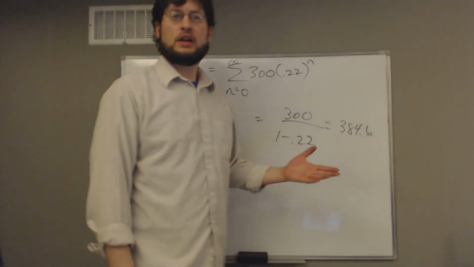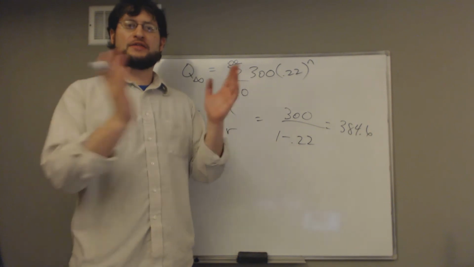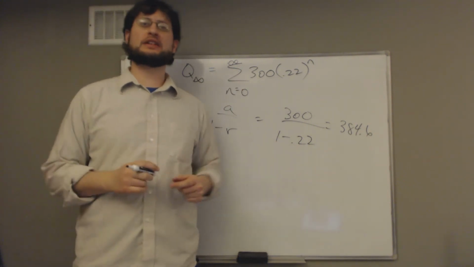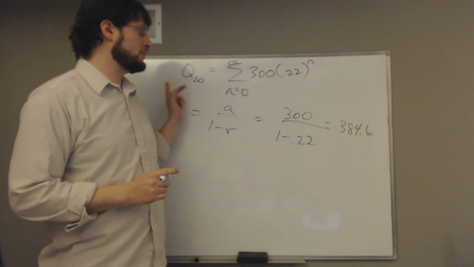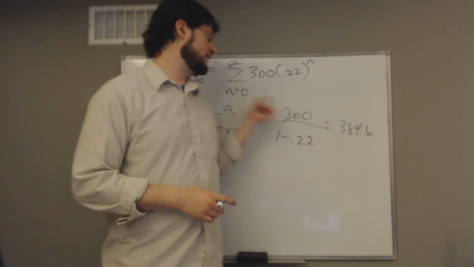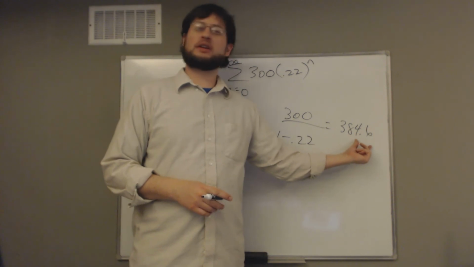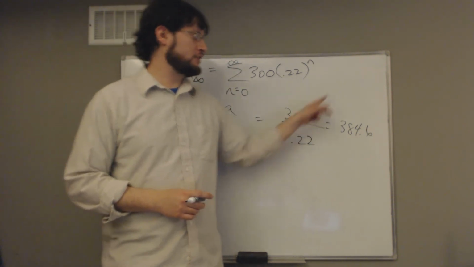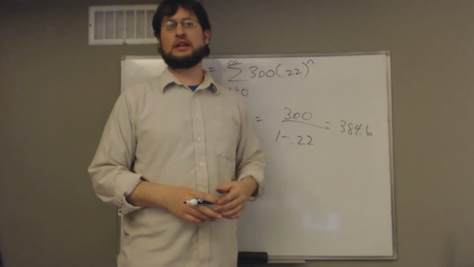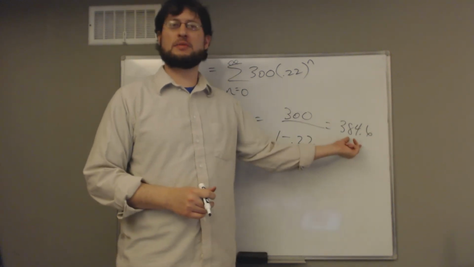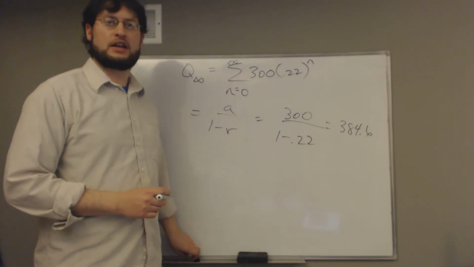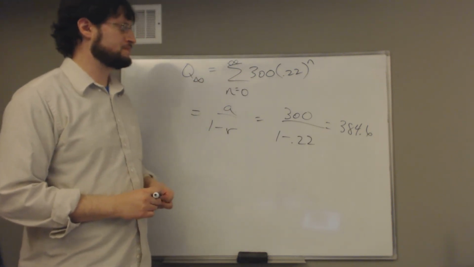So even though at the end of each day we have a little bit more because of all the buildup from all the previous days' dosages, even after an infinite amount of doses, we only have 384.6 milligrams, which means as long as this is not above a therapeutic level, and as long as this is not a dangerous amount, that initial 300 milligram dosage is a safe dosage.